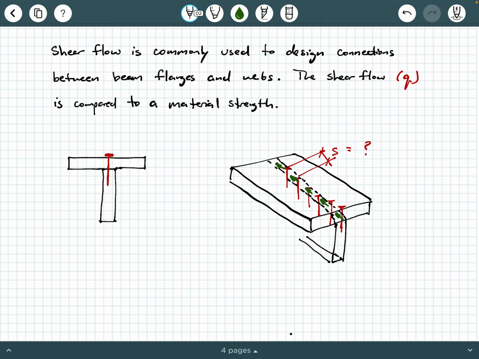So that's the shear flow q that you will end up comparing to a material strength. In the case of a nail, you're comparing it to the material strength of these nails. What if you wanted to glue the planks together? Well, you would perform a similar calculation where you calculate shear flow at this interface, and you would compare that to a glue strength, okay?